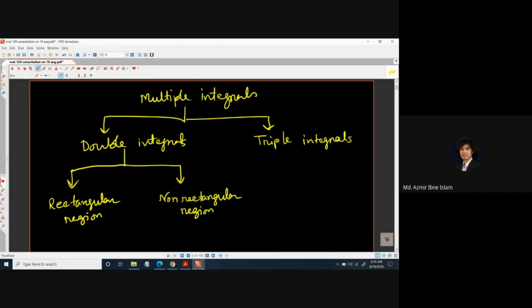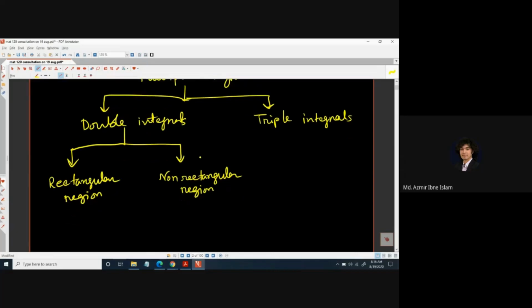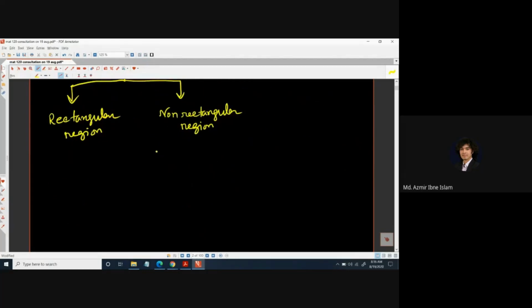So in multiple integrals, whether you're finding a double integral or a triple integral, the main difficulty is to find the limits of integration. What will be the lower limit, what will be the upper limit? First of all, try to understand the integral of f of x dx, which is for a function of a single input variable.